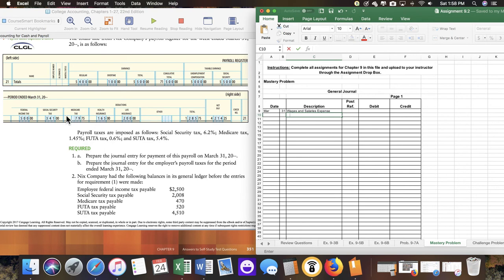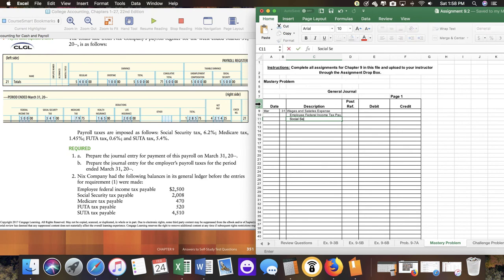So we have federal income tax. So we're going to credit employee federal income tax payable. You're probably either going to have to make the column wider or abbreviate it. Either way is fine with me.